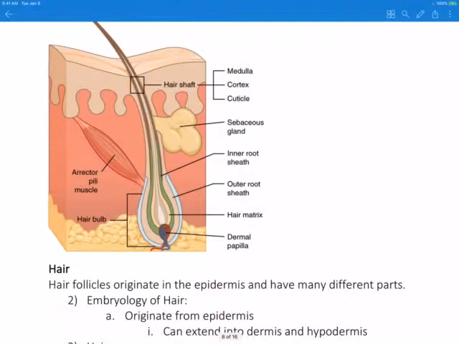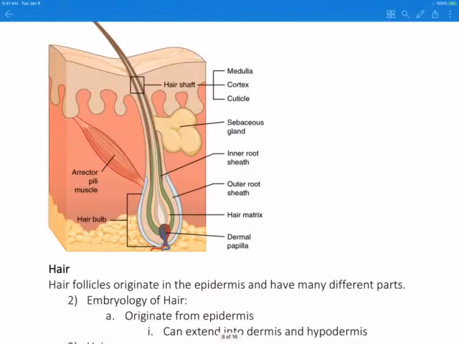So for example, if an insect lands on your hair shaft, you won't detect that, but if the movement causes the root of the hair to move, and there are sensory fibers attached to the root, you may be able to detect the movement of the hair. And you did something like this in lab. Another function of hair is thermoregulation.